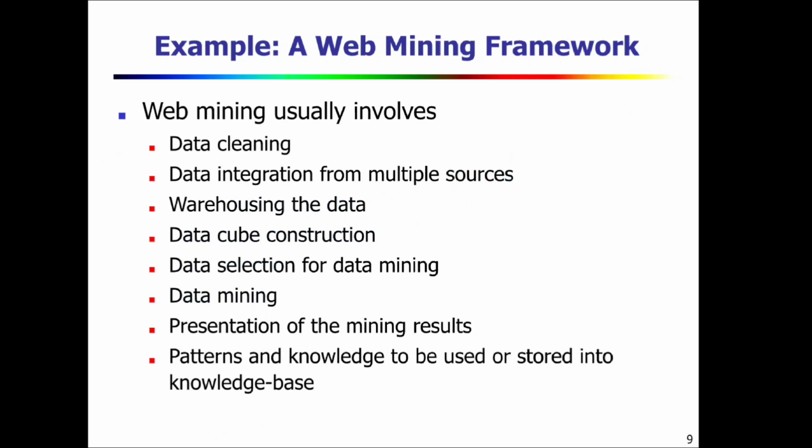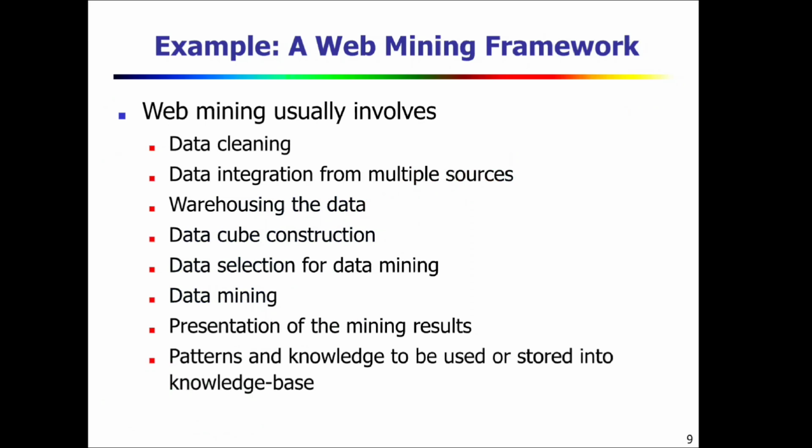So an example of a web mining framework is given here. From the internet you have a huge amount of data. So how exactly can important patterns be extracted from web data? Data cleaning will be done. You have so much data, so whatever important data is required should be taken and cleaned out.